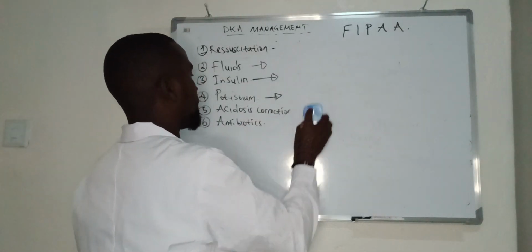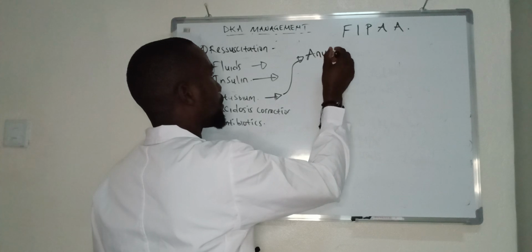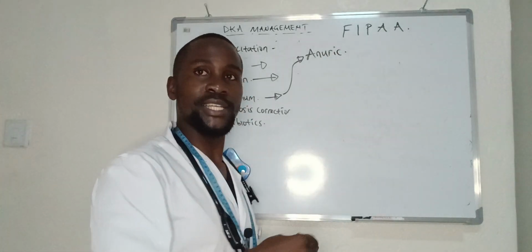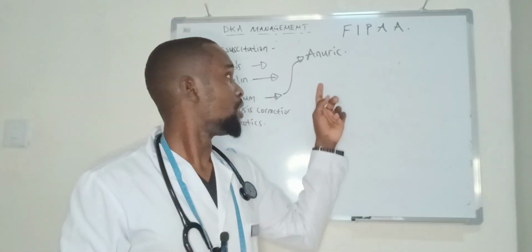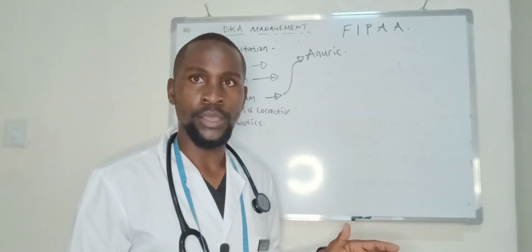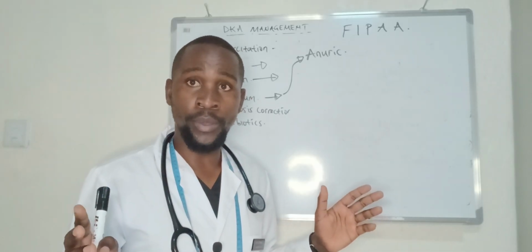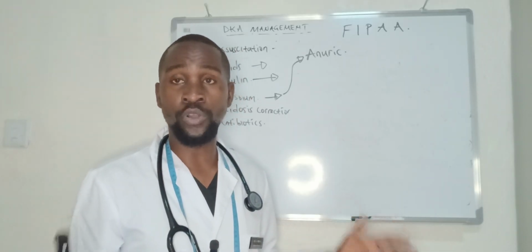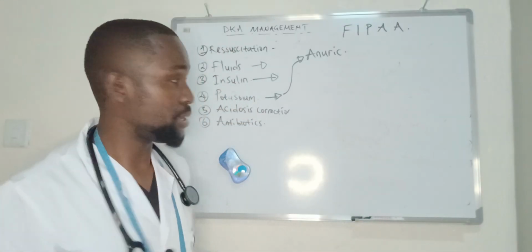You don't give potassium if the patient is anuric, meaning the patient is not able to pass urine. Because if the patient is not able to pass urine and you give potassium, it will accumulate and they'll go into hyperkalemia, which will cause peaked T waves on ECG, a widened QRS complex, and prolonged PR interval. Those are some of the features you may see when you have hyperkalemia.